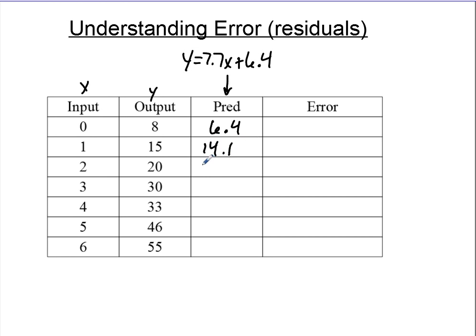They turn out to be these values. That's plugging in 3, plugging in 4, plugging in 5, and plugging in 6.